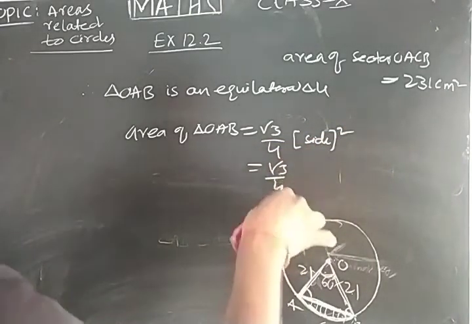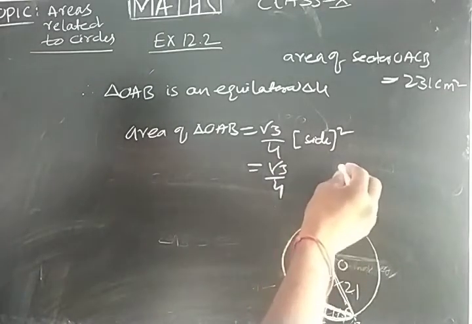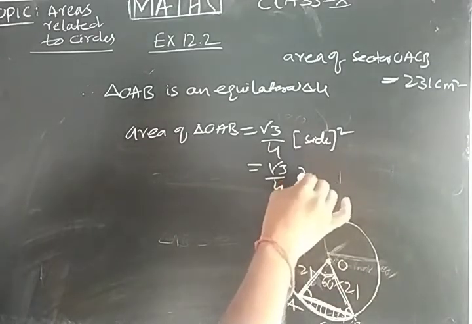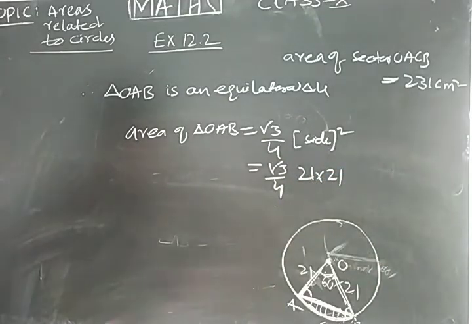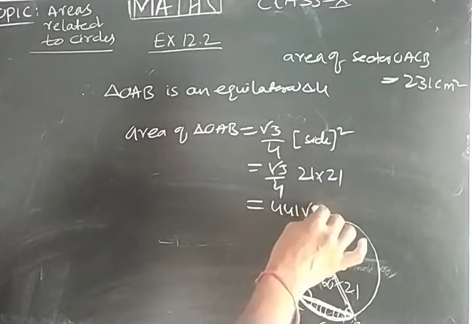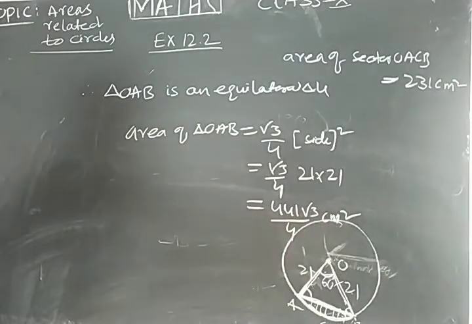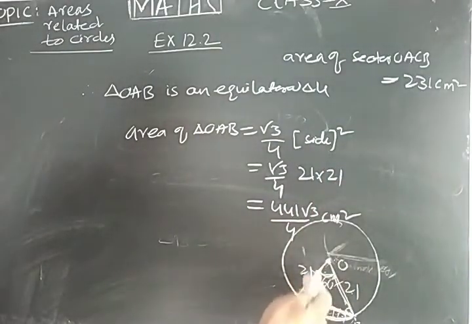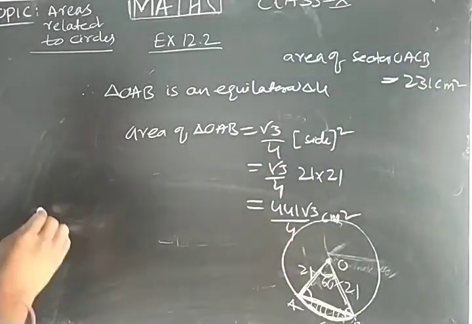The side is 21, so 21 into 21 is 441. So 441 root 3 by 4 centimeter square is the area of the triangle. Now we have the sector area and the triangle area. If I subtract the triangle area from the sector area, you get the required segment area.